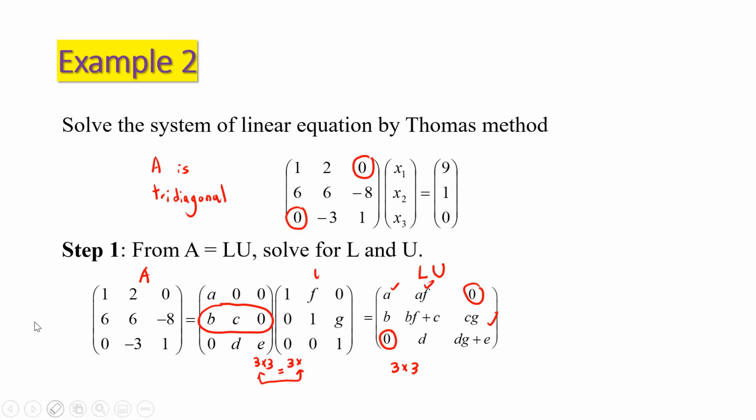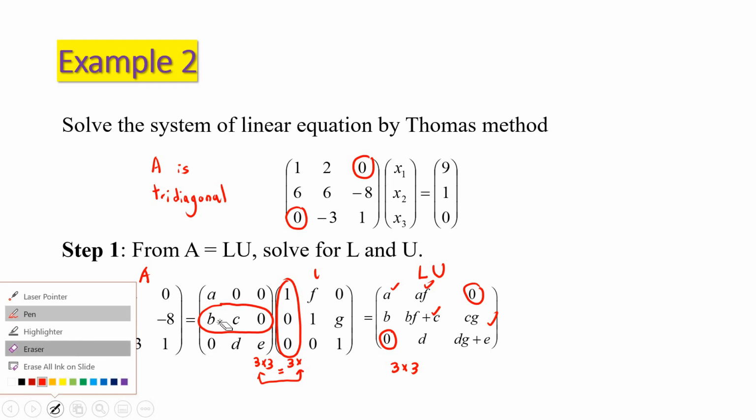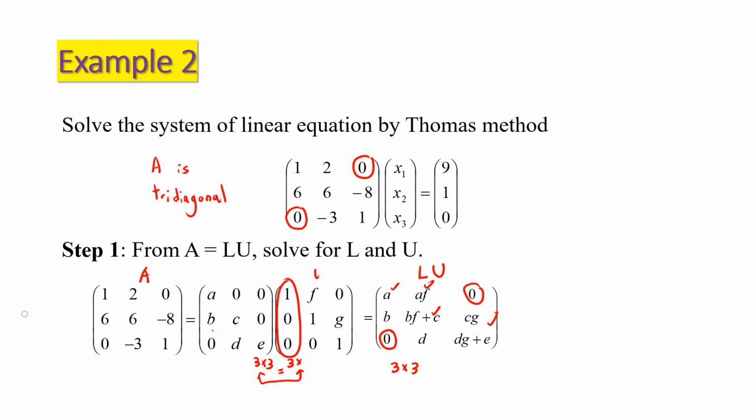I'll move to the second column. Second row, second column, we have B times F plus C times 1, so BF plus C. First column: B times 1, which is B. Now I move to the third row: 0 times 1 is 0, 0 times 0 is 0, 0 times 0 is 0.